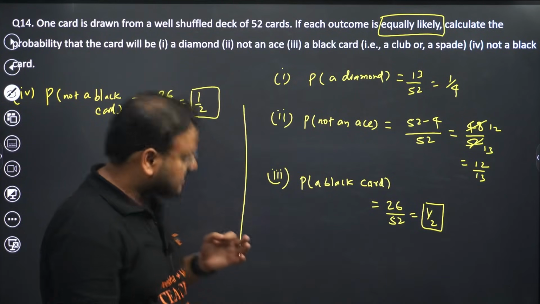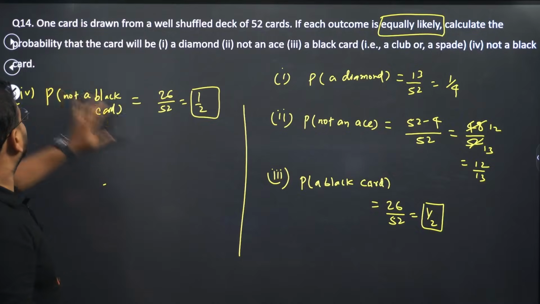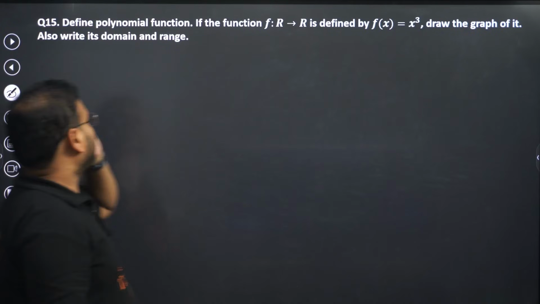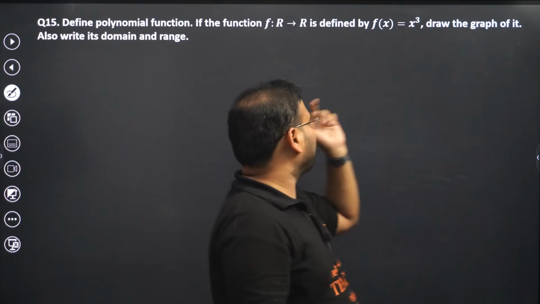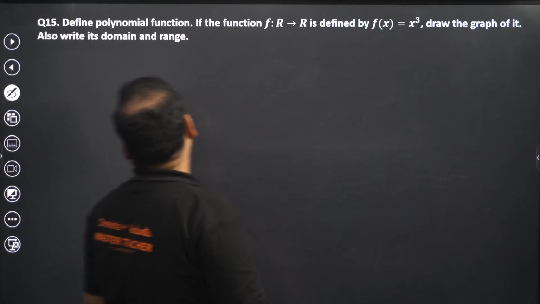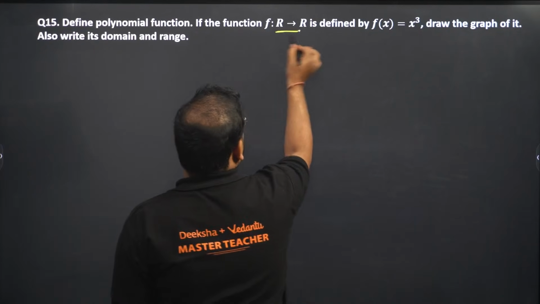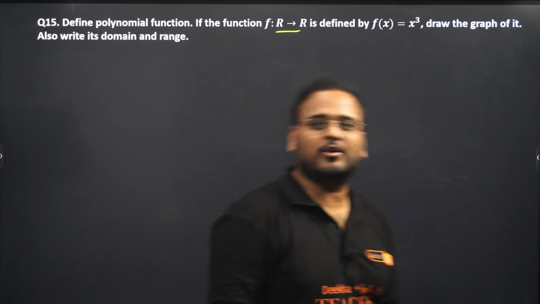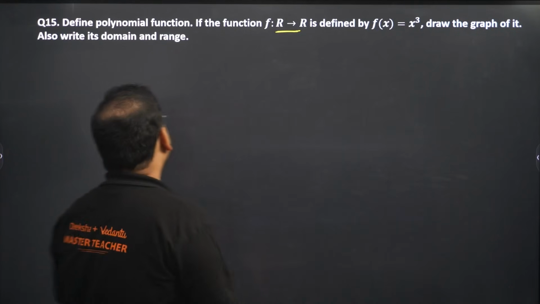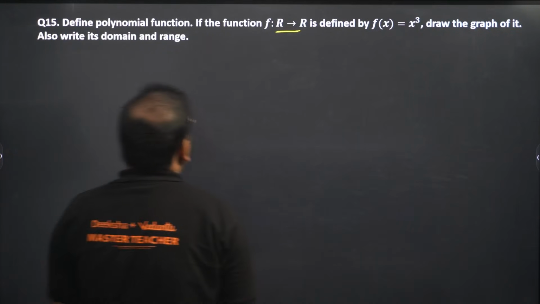Okay. Next, define polynomial function. If the function f from R to R defined by this, draw the graph of it, and also write domain and range. They've given that already actually over here. They're given already, but they're asking. Let's see. Polynomial function.